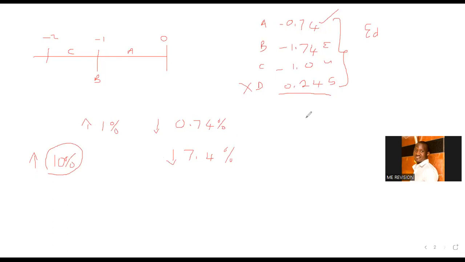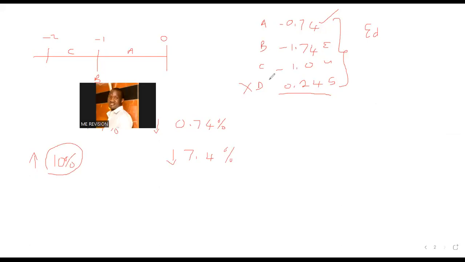So now I'll ask you, which of the following depicts an inelastic situation? Percentage increase in price, percentage decrease in quantity. A: price increased by 10% and quantity decreased by 15%.